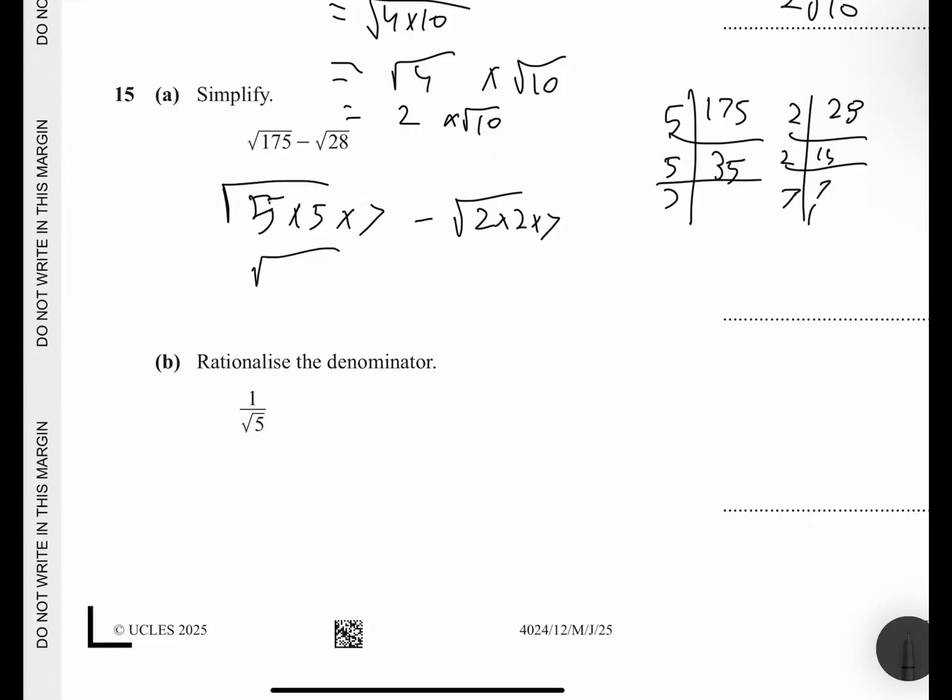So 5 square into 7 minus 2 square into 7, so square root of 7, right?